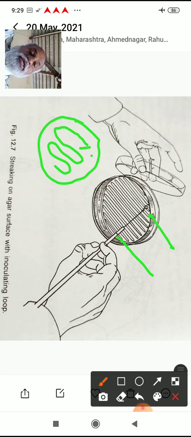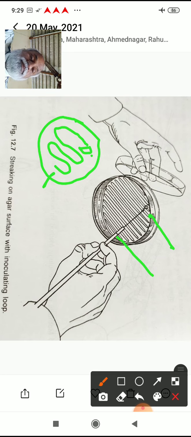So initially we have started from here, and at the last point what will happen? There will be the separation of the inoculum present on the loop, and for isolation, for sufficient thinning out of the inoculum, this is done.